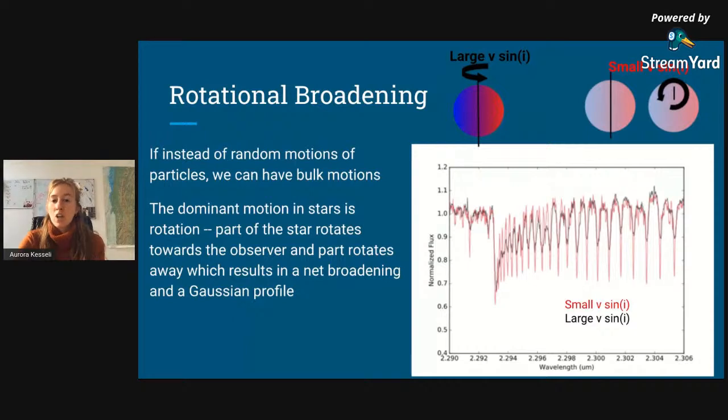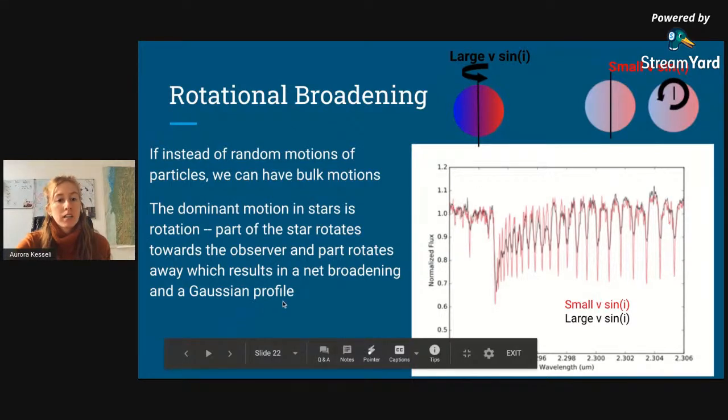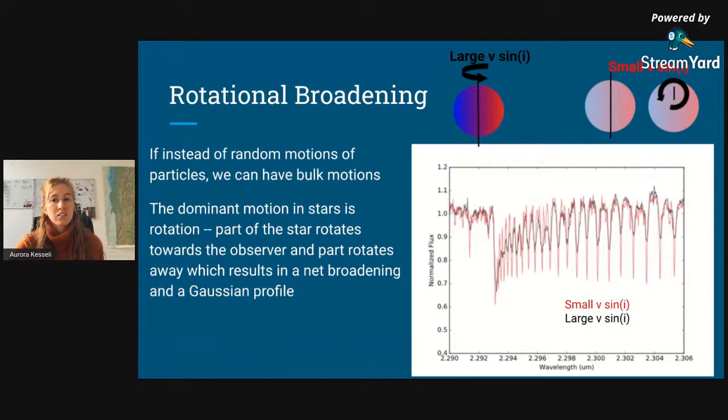With the Doppler shift, we can only resolve shifts that are in our line of sight, so towards us or away from us. We can't resolve anything that's tangential to our line of sight. Again, because this is Doppler shifts, it results in a Gaussian profile.